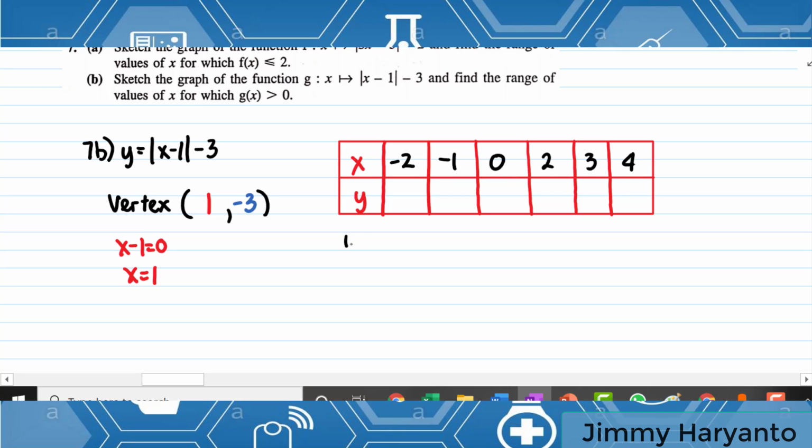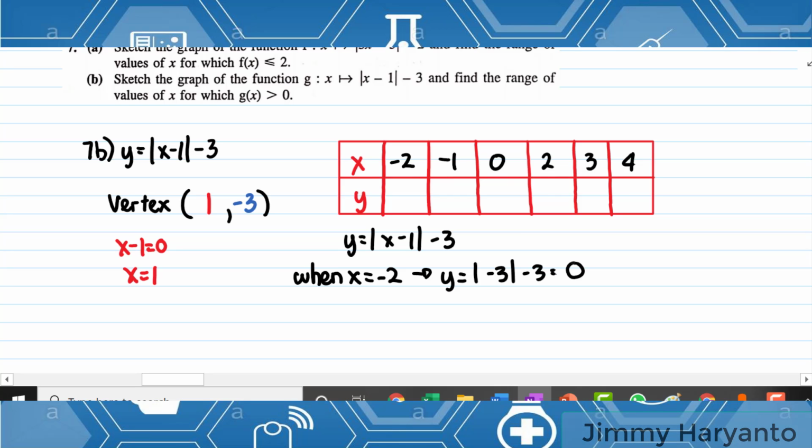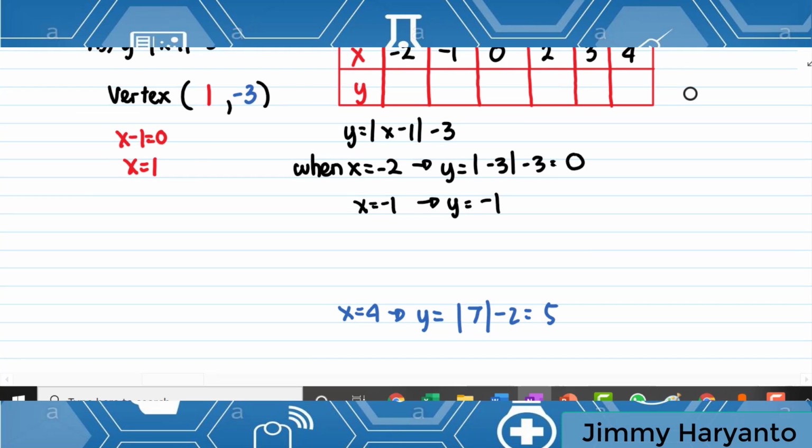When x equals -2, y equals the absolute value of -1, -3. When x equals -2, the y will be 0. I will calculate the rest for you.